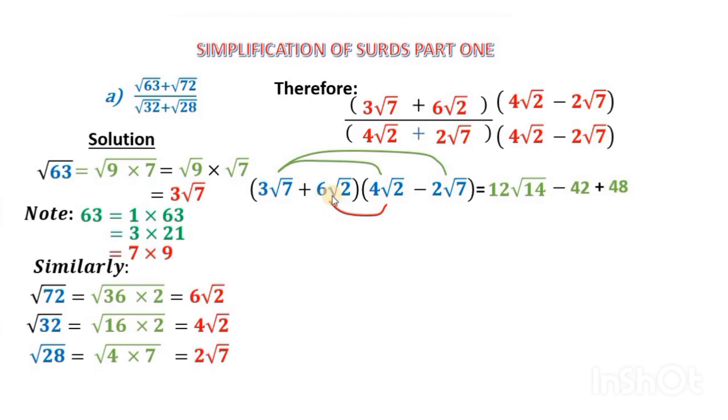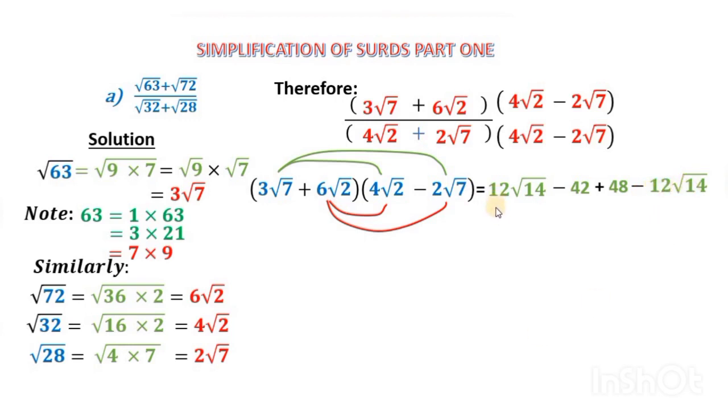Again, we multiply 6 root 2 by negative 2 root 7, and that should give us negative 12 root 14. 6 by negative 2, that gives us negative 12, and then root 2 by root 7, that gives us root 14, and therefore we have negative 12 root 14.